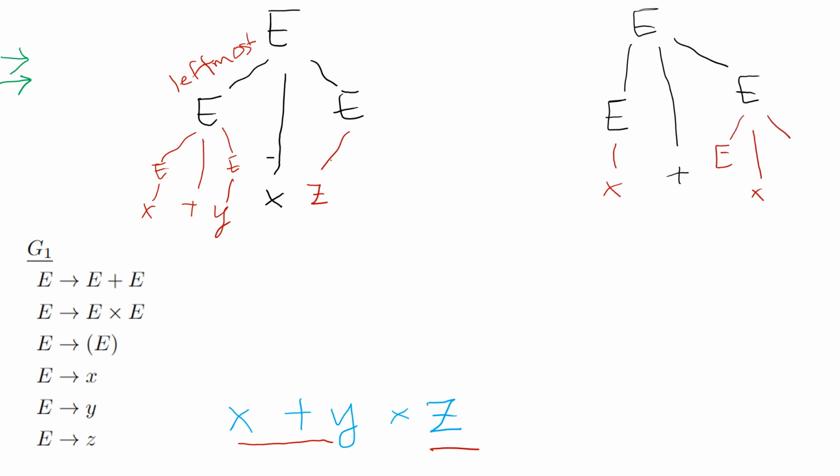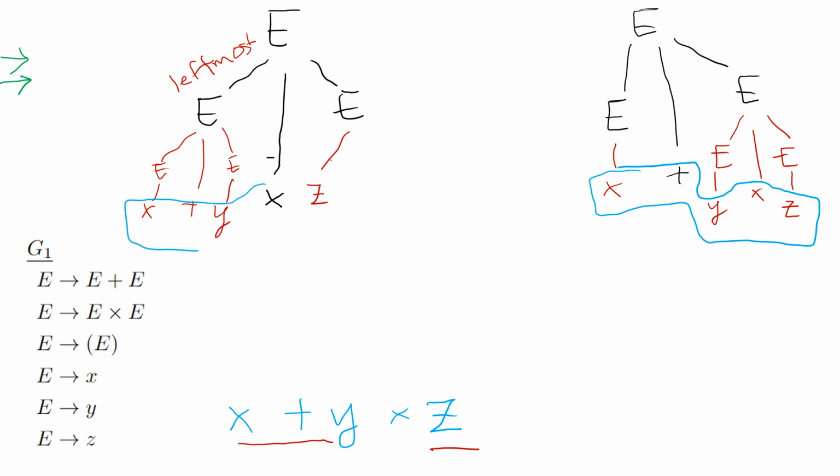So that's going to be replaced with E times E, which is then y and z. And so you see that either way I get x plus y times z right here and right here. However, I got to it in two different ways. So this grammar is ambiguous.